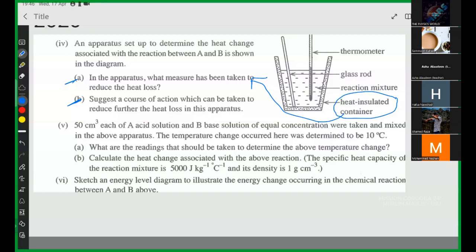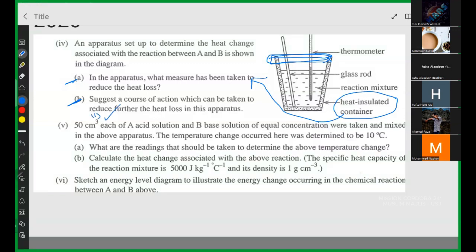So the thing here is, you can cover it with another insulating lid, like wood or foam. That's the first answer for this.